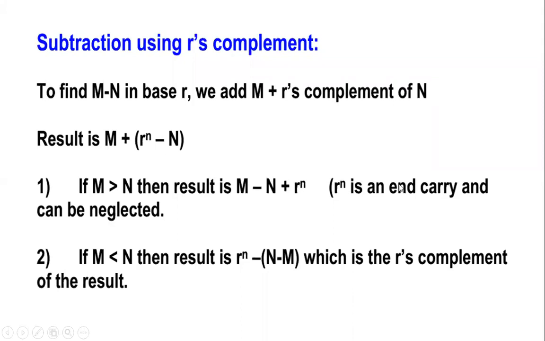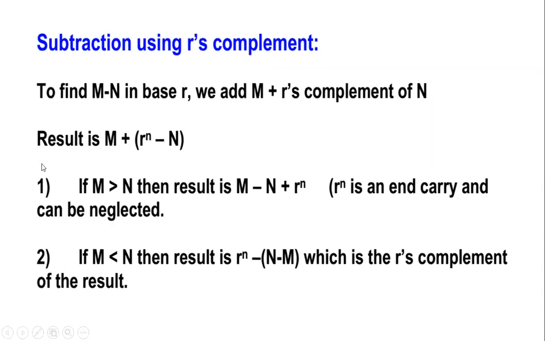Now what about the second case? If M is less than N, then the result is R to the power of n minus the complement, which is the R's complement of the result. Here you are going to consider the carry. So this is how your 15's complement is performed.